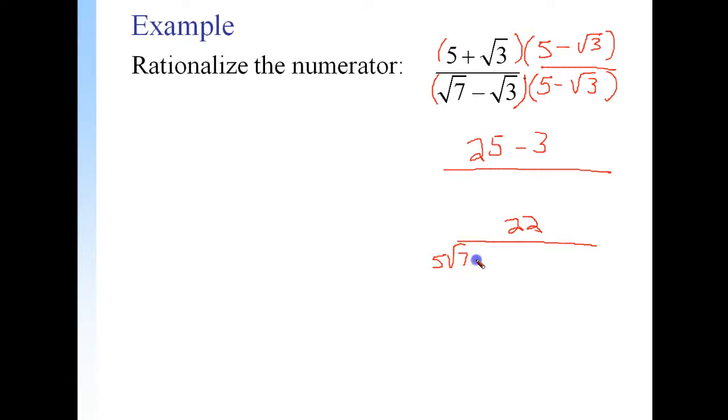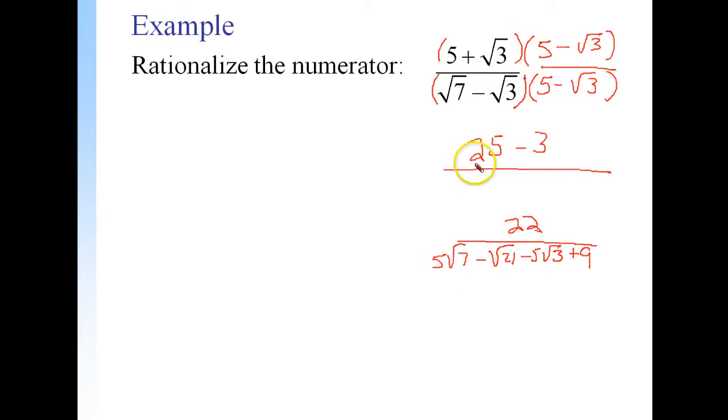Outers are a negative square root of 21. This one times this one. Inners, a negative 5, the square root of 3. And then my last is minus times minus is a negative, times negative will be a positive 9.